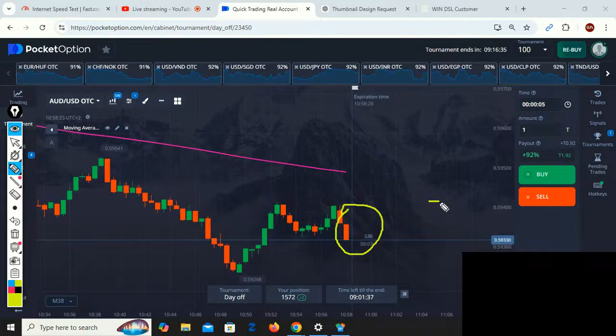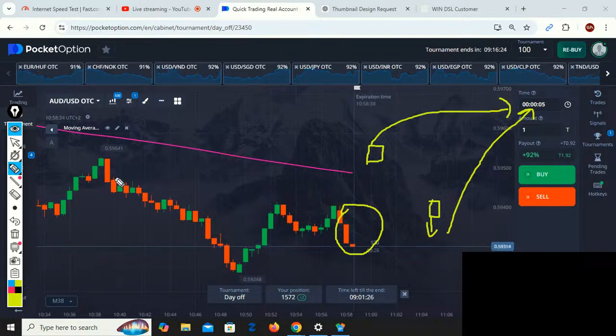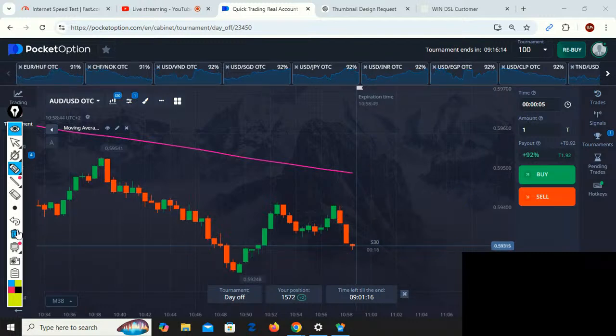If the first 5 seconds are red, you go for a 5 second sell position, and if the first 5 seconds are green, you go for a buy for 5 seconds. So this is your entry point. We're gonna stick to that. However, we will add a few layers of technical analysis and confluence to increase our winning probability.